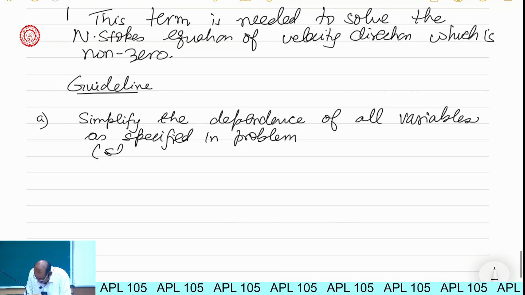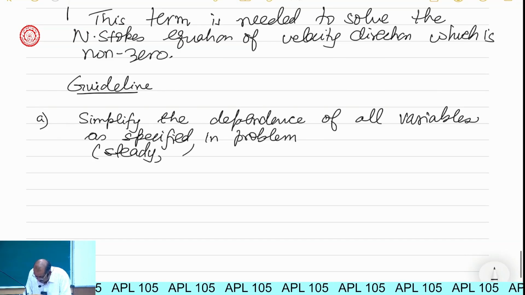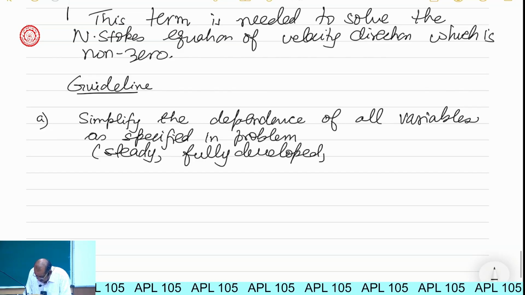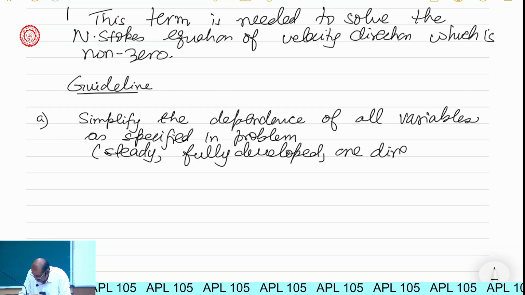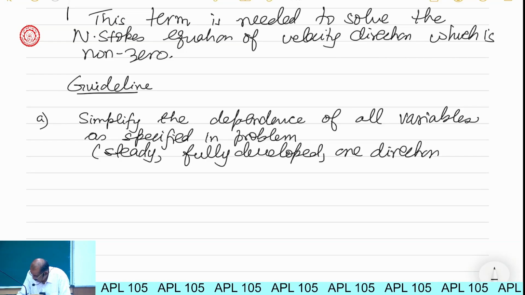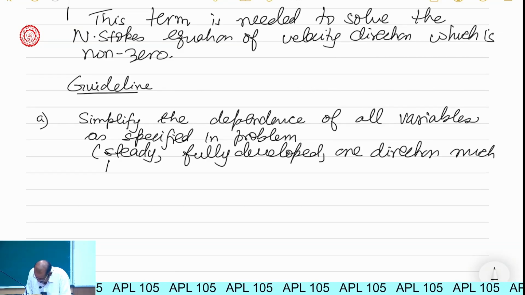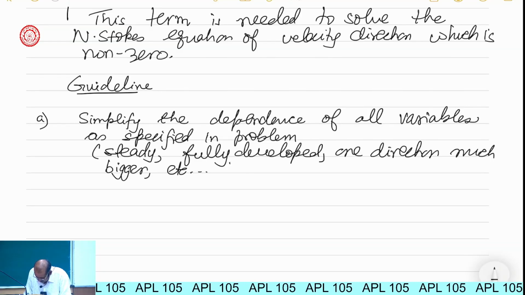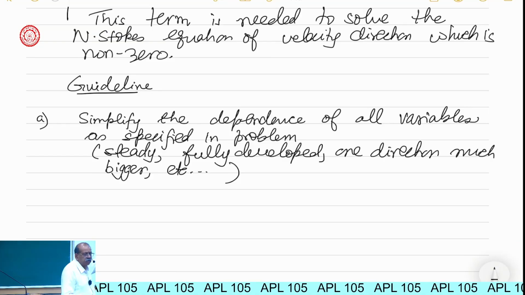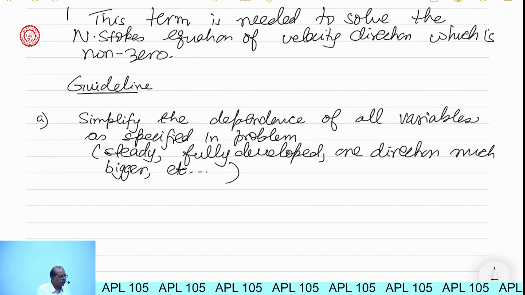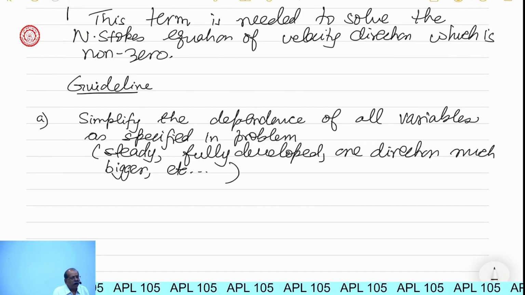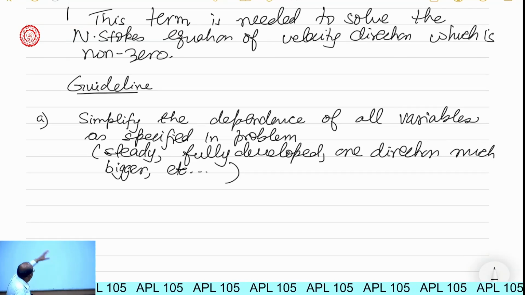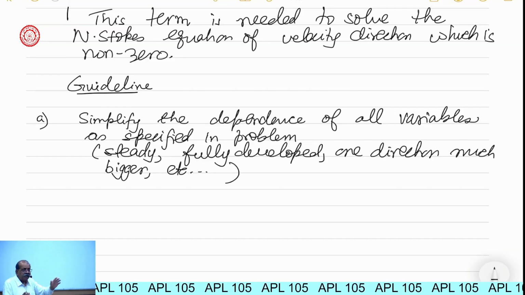And for this, you will need conditions like steady, fully developed. Sometimes some things may directly be given. It may be given in the problem partial P by partial Z is 0. So then just use that. So first thing you have to do is simplify the dependence of all variables.